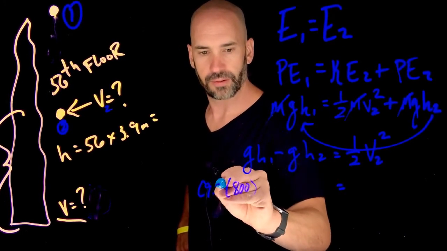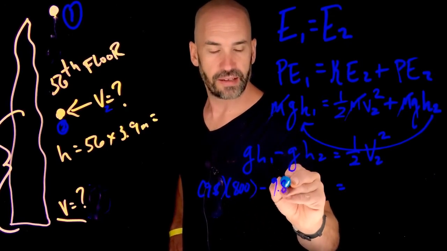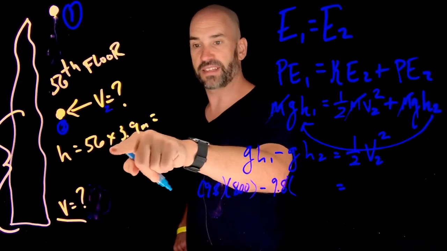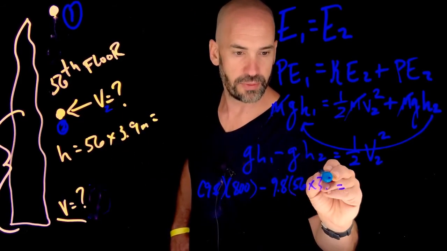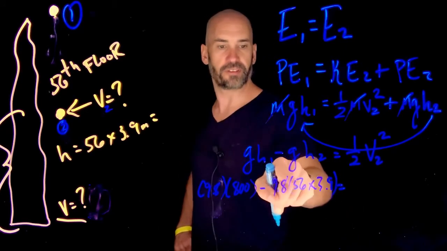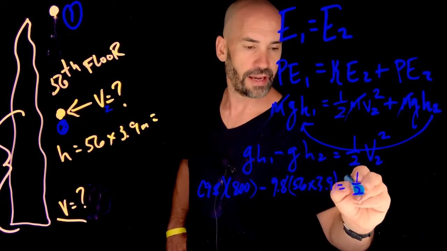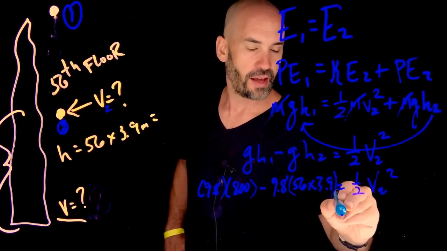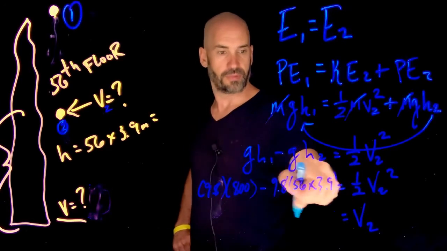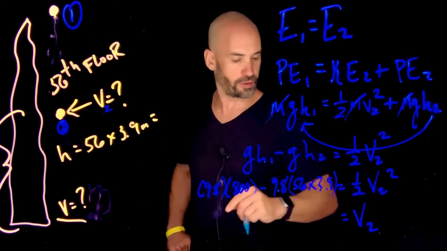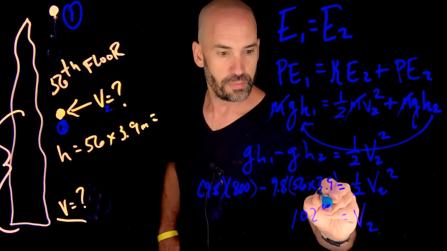So 9.8 times 800 minus 9.8. And this height, remember, is 56 times 3.9, right? So 56 times 3.9 meters, right? 56 floors at 3.9 meters per floor is equal to 1/2 v2 squared. I solve for my v2 again. I take this, multiply by 2, take the square root, and now I get 102 meters per second.